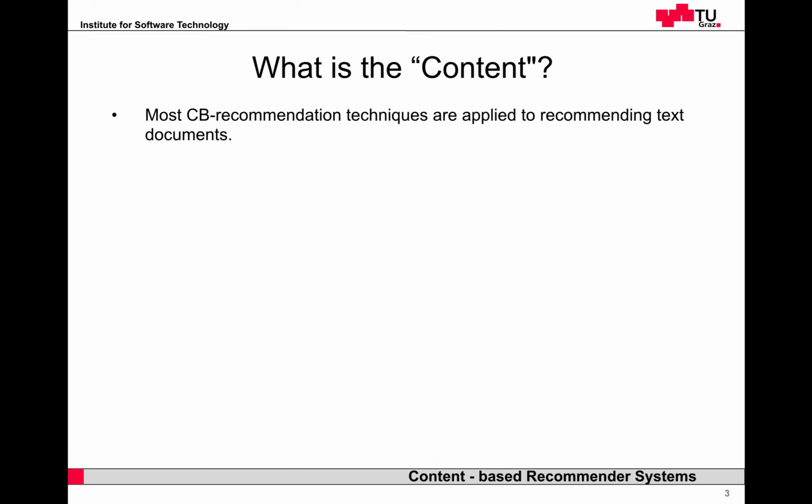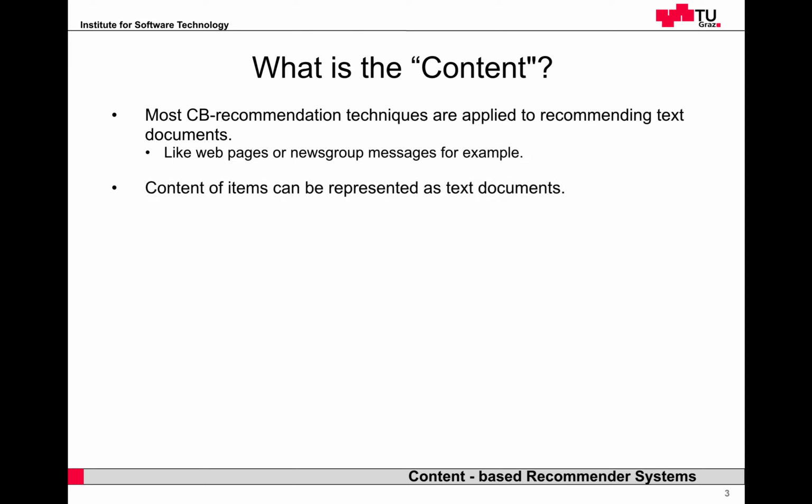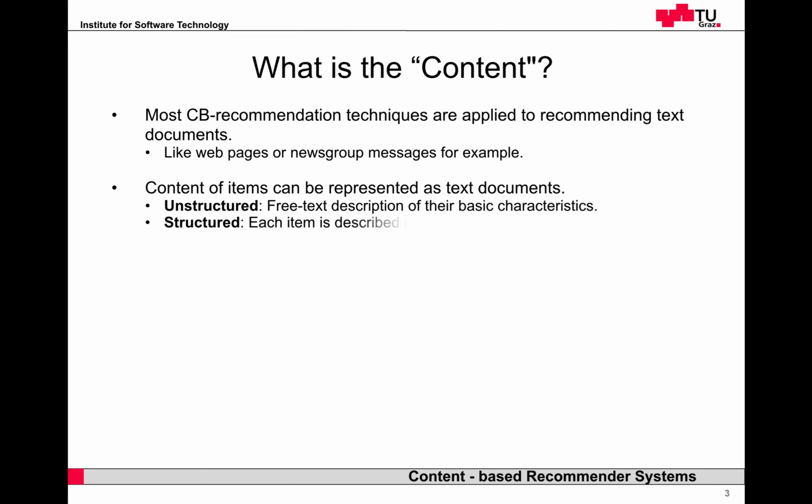Most content-based recommendation techniques focus on recommending items with textual content, such as web pages, newsgroup messages, books, or documents. The content of items can be represented in two forms, unstructured and structured.